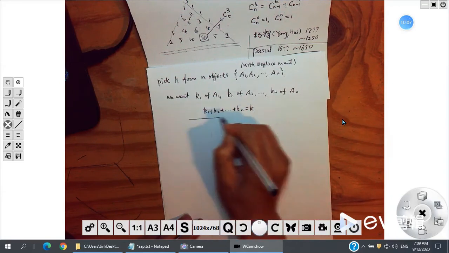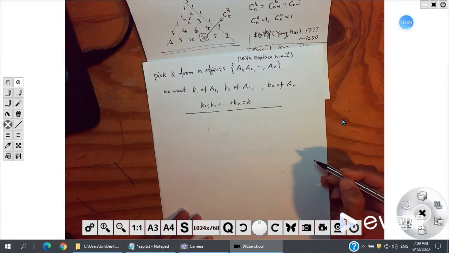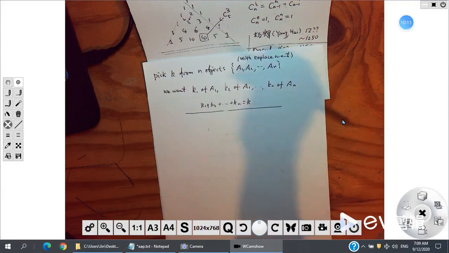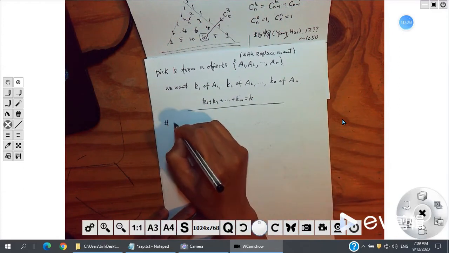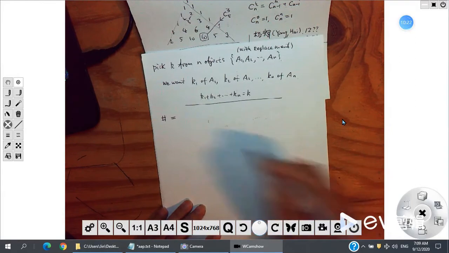So like this, right? We have more details about these results. Then how many totally amount? How many possible results? Totally amount is what? Total, right?